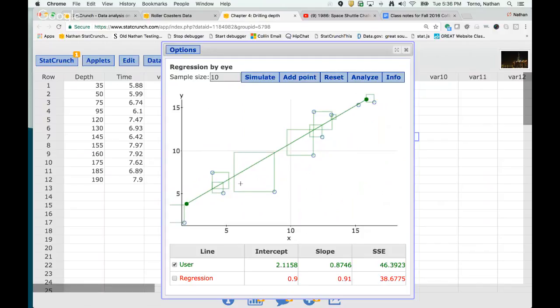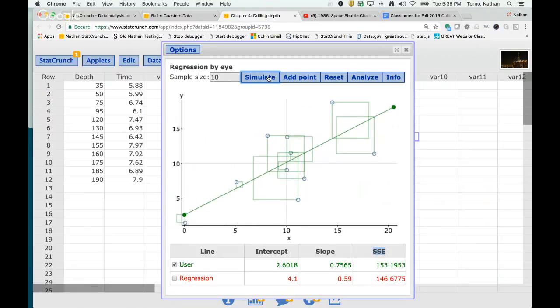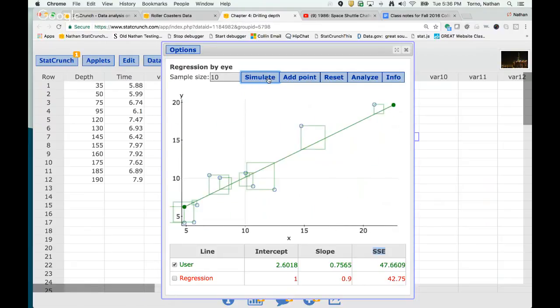The game becomes: can I minimize these boxes? If I minimize these boxes, then I'm minimizing the SSE, the sum of squares error. Again, I'm trying to do least squares. That's essentially where the idea comes in, minimizing these squared distances. No matter what I do, I'm simulating a couple more. They're going to be different for you if you play with this on your end.